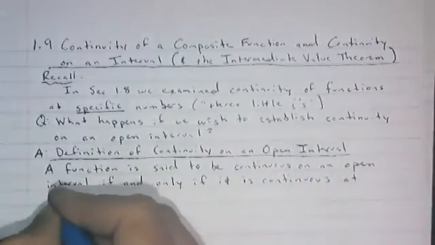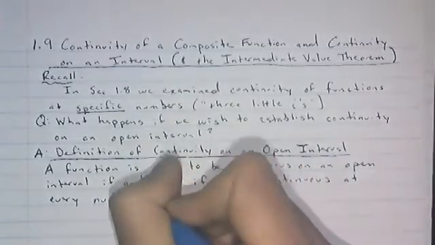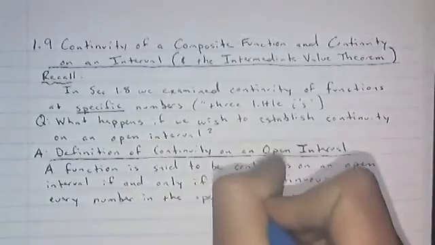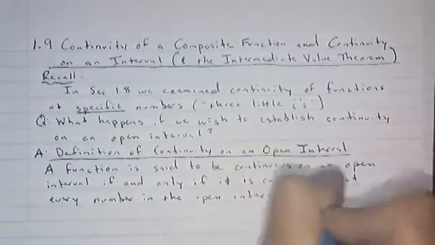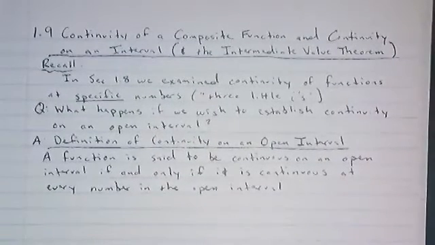Continuous at every number in the open interval. Which sounds like kind of a lot of work. Like, how do we have to show every single number on some interval? That's kind of an impossible task because an interval has an infinite number of numbers within it. How do we know that it is continuous at every single number?